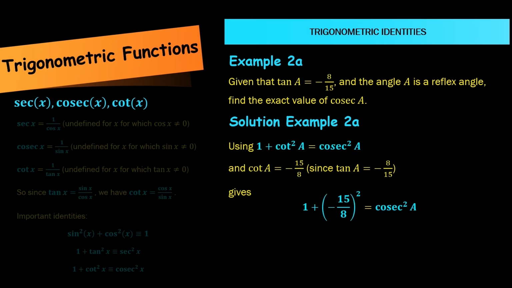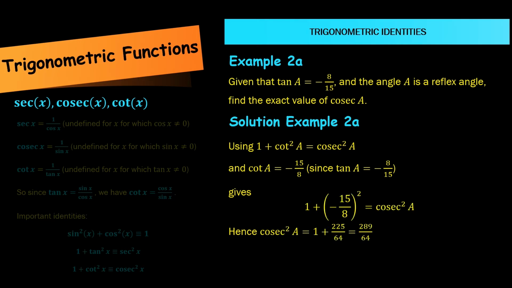And so if we plug this into our equation, as shown, we have that 1 plus minus 15 over 8 all squared is equal to cosec²A. And therefore, cosec²A equals 1 plus 225 over 64, which equals 289 over 64. And so square rooting this gives us that cosec A equals plus or minus 17 over 8.